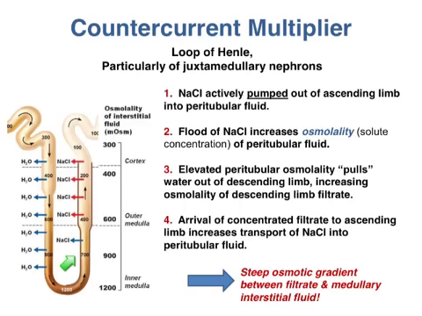So you have water being drawn out along here, sodium chloride being pumped out here, and that sets up this gradient in the medulla, where it's high solute concentration deep in the inner medulla. But the filtrate coming out of the ascending limb of the loop of Henle is very dilute, about 100 milliosmoles, so we need to reclaim that water.